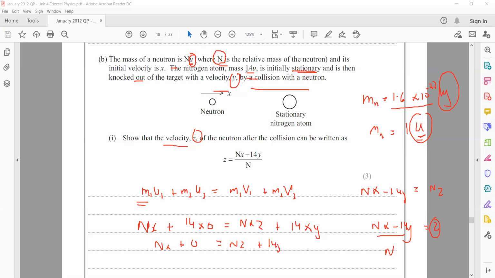That's why you can see here for nitrogen also I wrote 14. I did not write 14u. Why did I not write 14u? Because u is a unit for mass, like kilogram is a unit, gram is a unit. u is also a unit of mass, called the atomic mass unit. So I simply substitute the magnitude, not the unit.